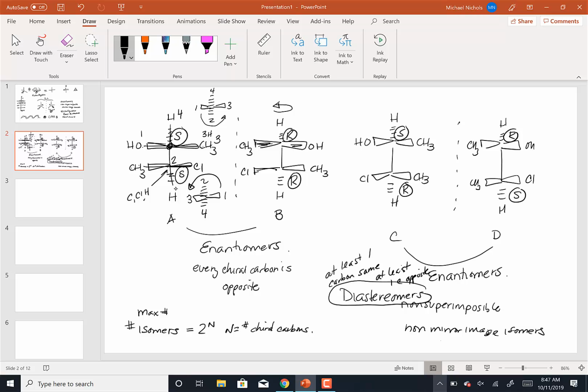So diastereomers are completely different molecules, same structural isomer, but they're non-superposable, non-mirror image. At least one chiral center is the same, at least one chiral center is opposite.